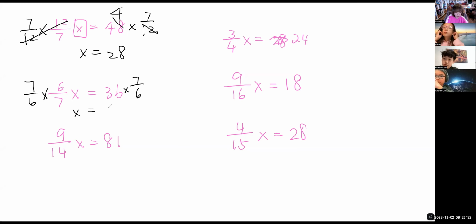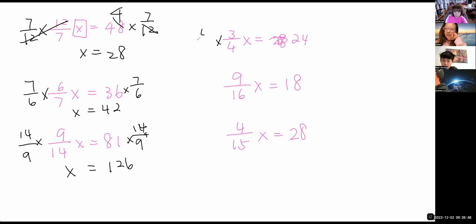So x equals 42 times 14/9 equals... Okay, next one times 4/3, x equals 32.